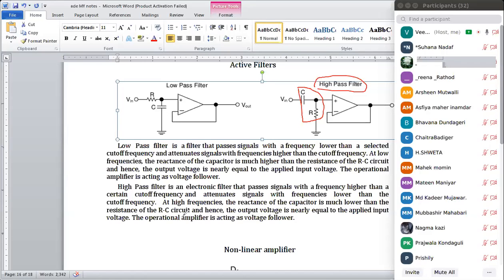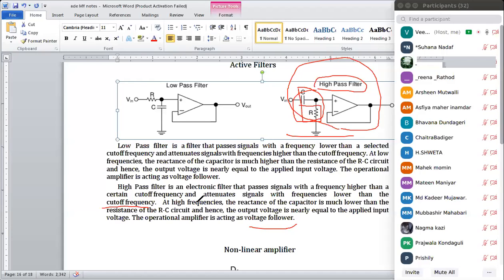So here also the same thing will happen. Whatever the input being applied, the output will be equal to that. So this kind is also a voltage follower. But because of this fashion of RC network, this circuit will not pass lower frequencies than the cutoff frequency.